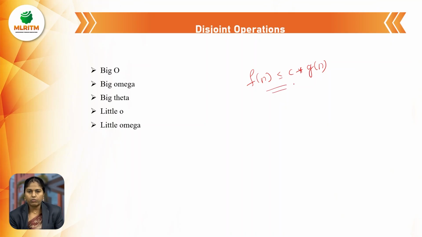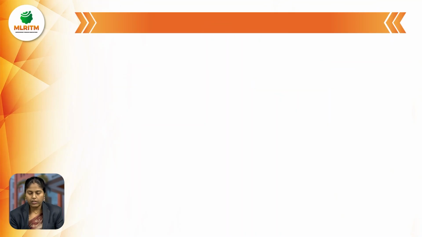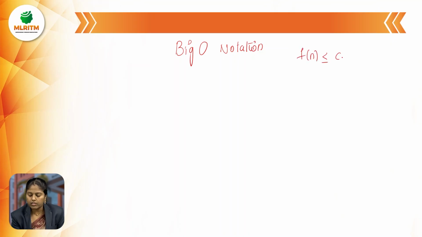First, how are we going to satisfy this condition? I would like to explain the big O notation. In big O notation, the condition is f of n less than or equal to c into g of n.